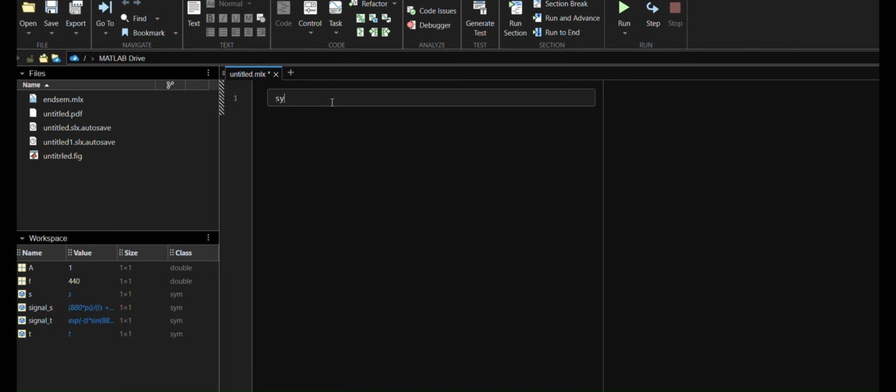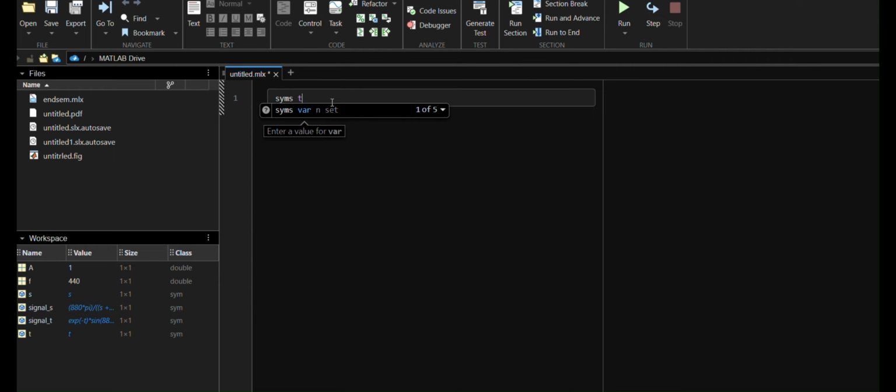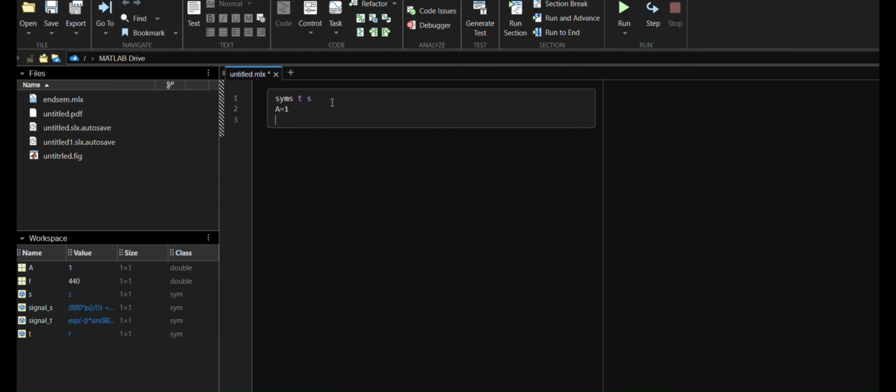I am declaring symbols t and s, because I am using a t variable and an s variable. The t variable is the time domain and the s variable is the complex domain. I assume A is the amplitude. A equal to 1 is the amplitude, only based on the assumption.